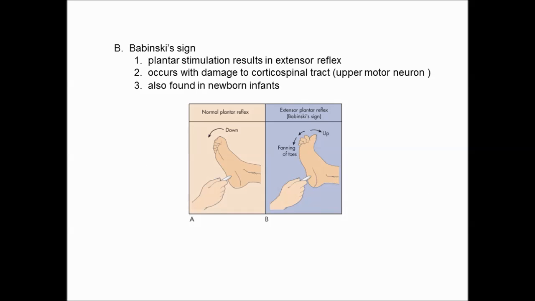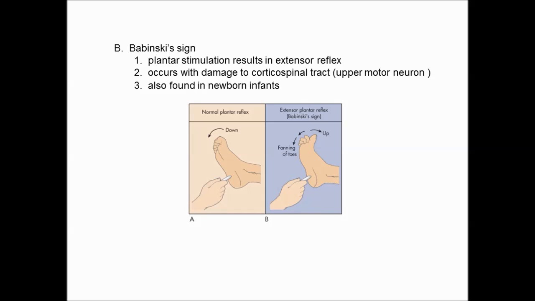You might have heard about Babinski's sign. If you tickle a small child's base of the foot, his toes curl up or fan up. Like most of us, the contraction is downward. So this is a normal plantar reflex. In an infant, the first few weeks, he does the opposite.